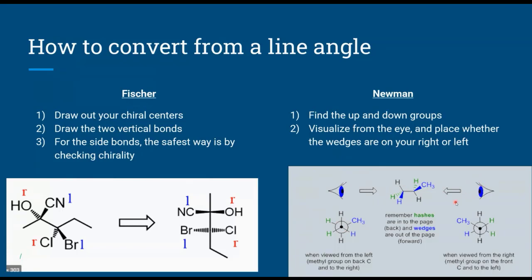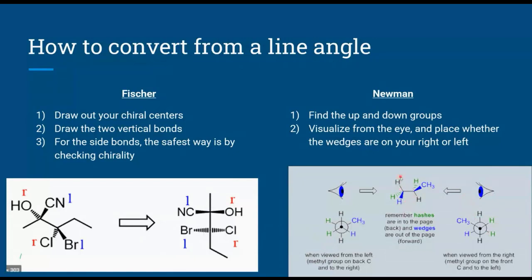However, if, for example, the test told you to look at it from this angle, now the wedges are actually going to be on the left side because you're looking at it from the other direction. Because wedges are still coming out of the plane, they're going to be on the left side of this eyeball. And that's what we see in our Newman projection. We see wedges on the left and hydrogens on the right.